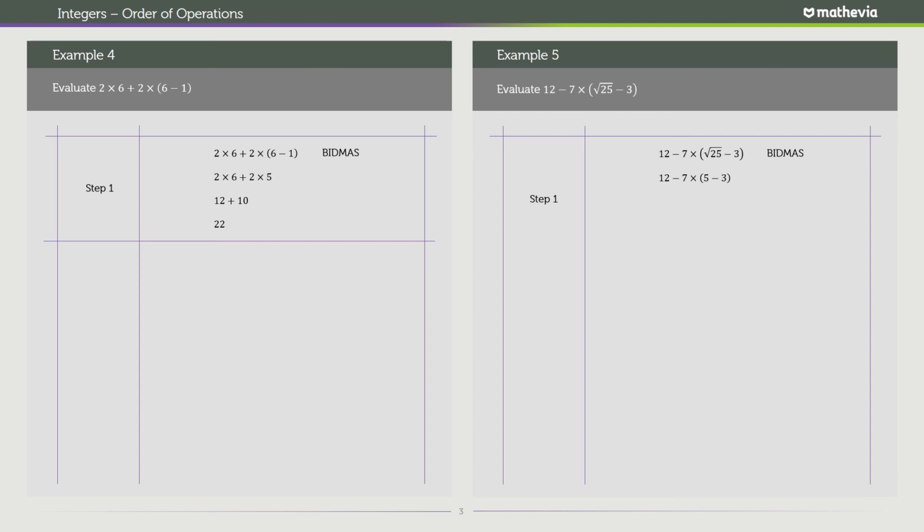Now we have 5 minus 3. Solving the bracket, we end up with 2. Now we have subtraction and multiplication, and BODMAS tells us we need to multiply before we subtract, and we have 7 times 2 gives us 14. So 12 minus 14, we end up with an answer of minus 2.